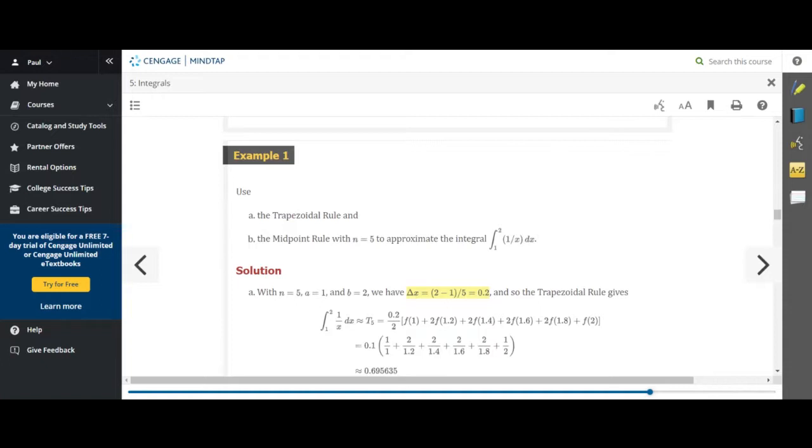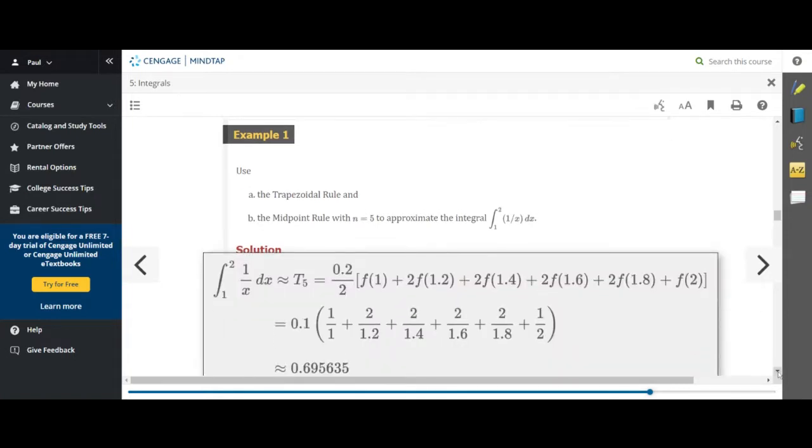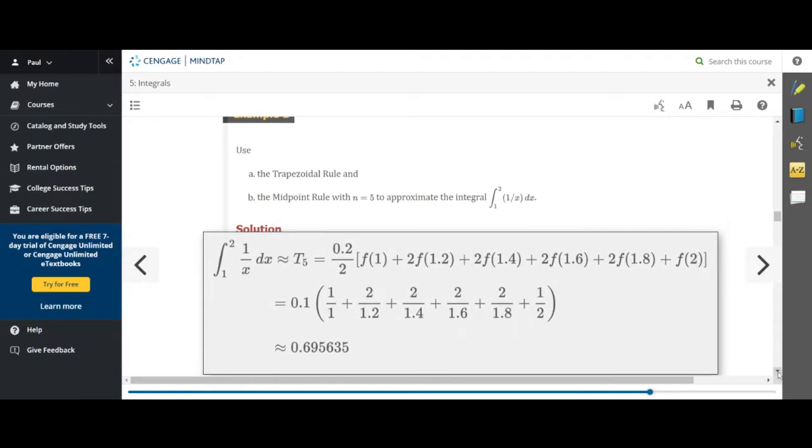Okay, so we have then 0.2 over 2 in the trapezoidal rule, and we have to evaluate the function at all of these values. So you start off at f of 1, and then 1 plus 0.2 is 1.2.